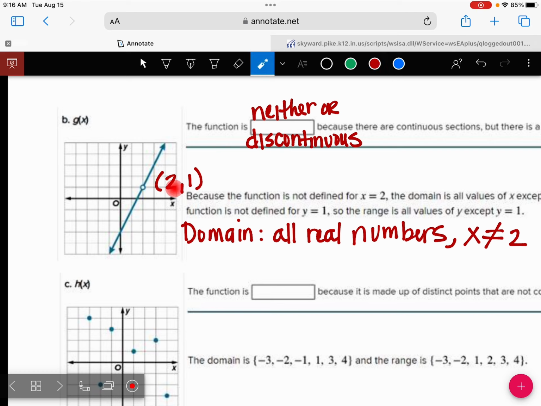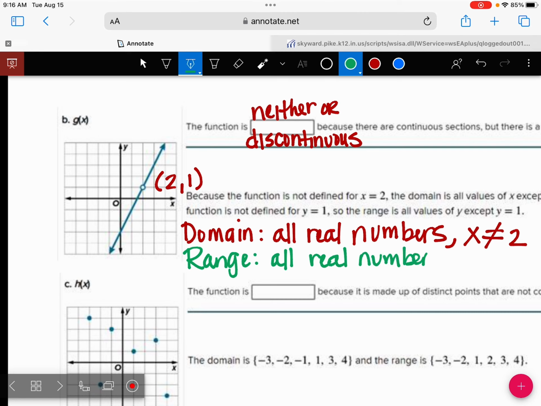Because of this break right here, x cannot equal 2. X can equal anything except for 2. And for my range, that's all real numbers, but y cannot equal 1. And that is how you're going to write your domain and range.